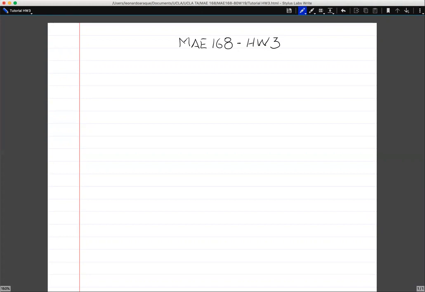This step was already done, it is given in the problem statement, right? And the third step, according to our procedure, is to derive the weak form of the problem. Since we've already done this for the previous homework, I'm going to go straight to the formulation of the weak form.